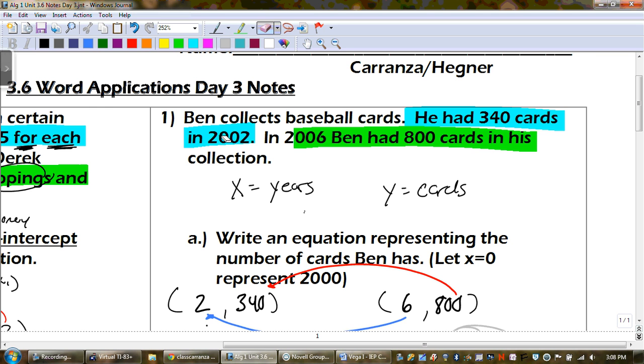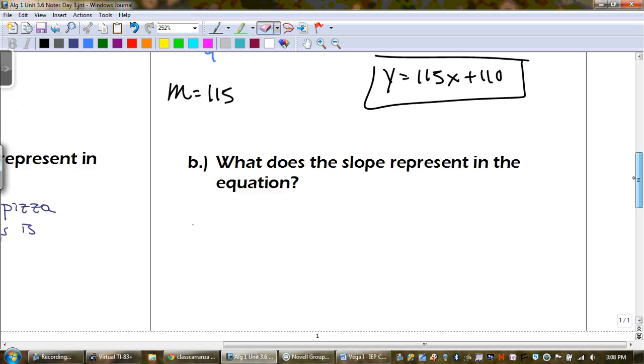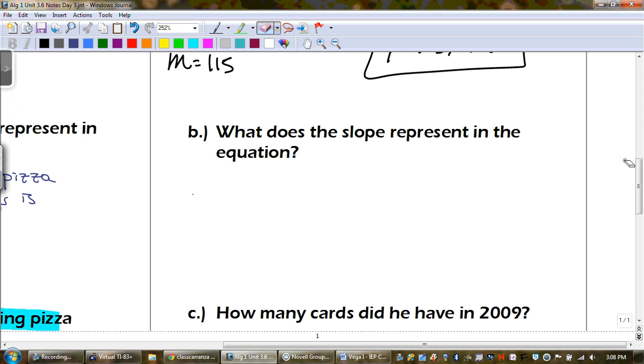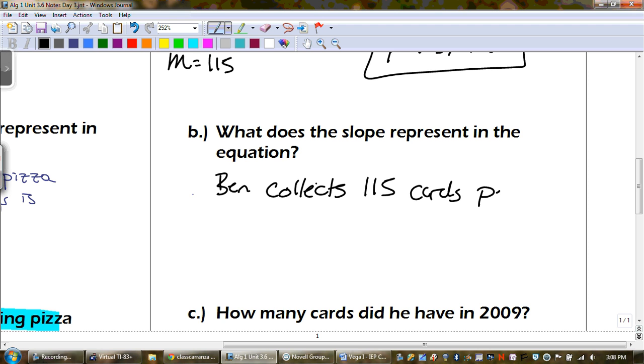Well, the cards are going up, right? And the slope is telling us by how much. It's telling us that 115 is at each year, so Ben collects 115 cards per year. So that's how many he gains each year.